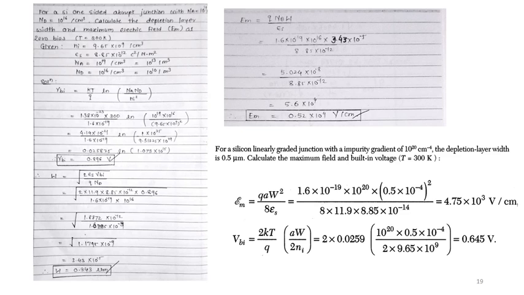Just use the two formulas from the previous slide and put in each value. The maximum electric field is 4.75 times 10 to 3 volt per centimeter, and the built-in potential is 0.645 volt. That means all the numericals on the built-in potential are over, for the linearly graded junction and the abrupt junction.